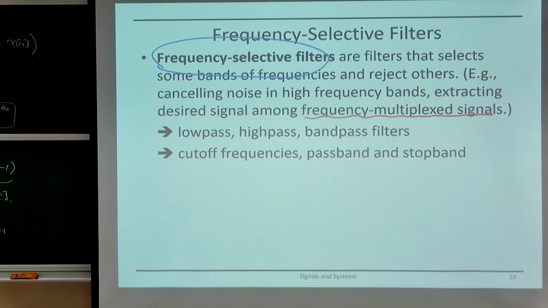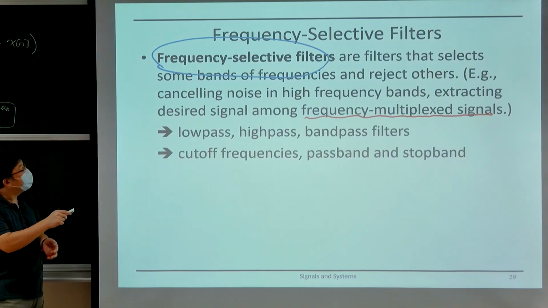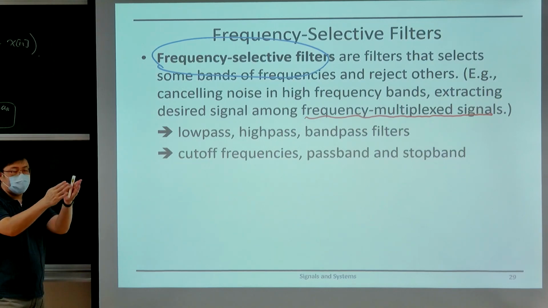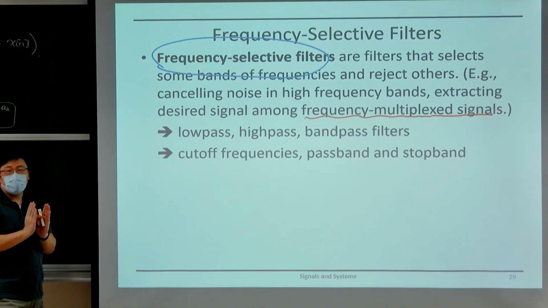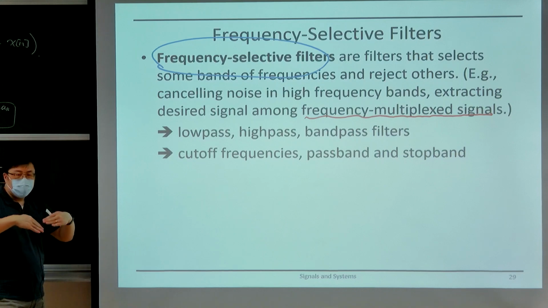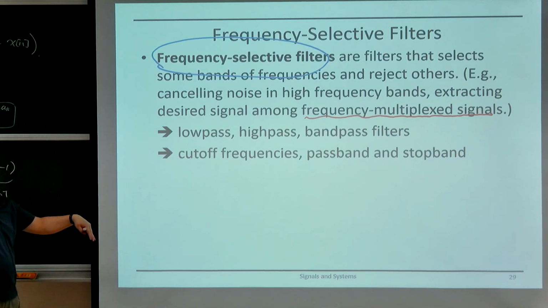So in order to listen to a single radio channel without interference from other channels, you need to impose a frequency selective filter that lets through only the signal of the radio station that you're interested in and suppresses all the other radio stations. So these are examples of how frequency selective filters may be used in practice.